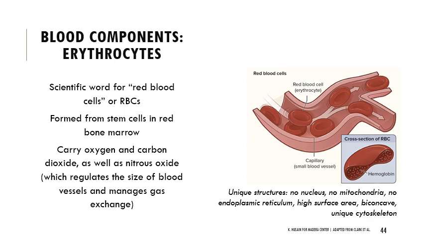Most of their cytoplasm is dedicated to housing hemoglobin, and their structure is affected so that they can easily move through blood vessels. They have very high surface area for gas exchange. They're biconcave, meaning they have an indentation on either side of the cell. And they also have a unique cytoskeleton that allows them to change structure and very easily move through those blood vessels.